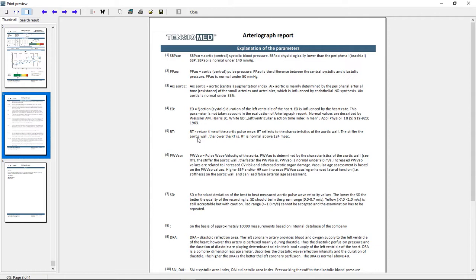The next parameter which we measure is the return time of the aortic pulse wave. The return time is the time for the pulse wave to travel down from the aortic root to the bifurcation and its reflection back towards the aortic arch again. So the return time reflects the characteristic of the aortic wall.